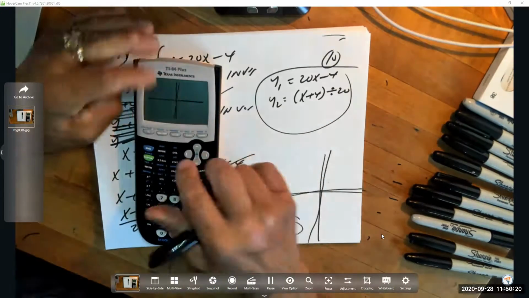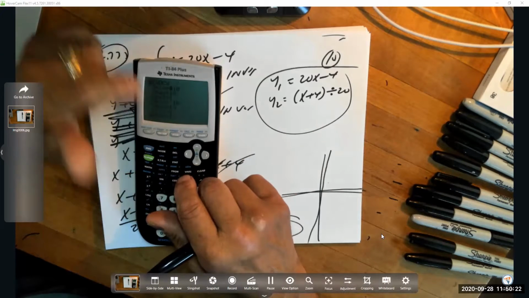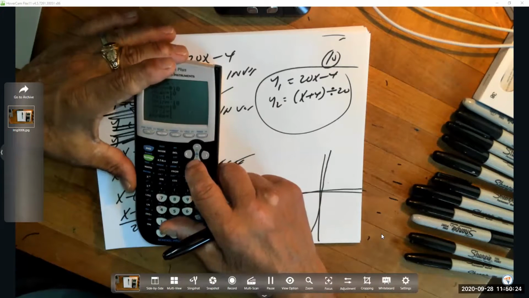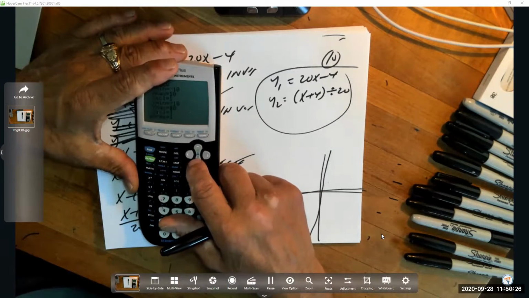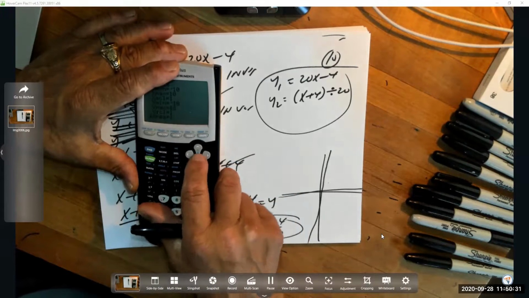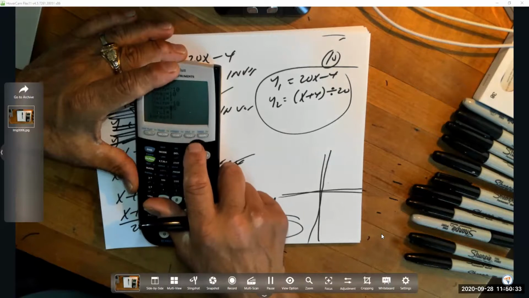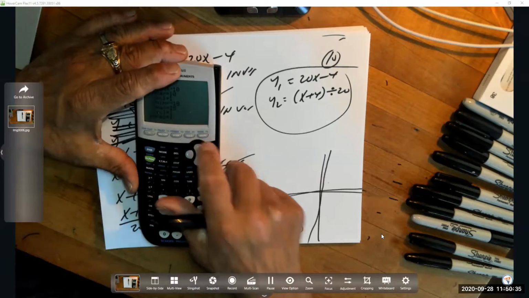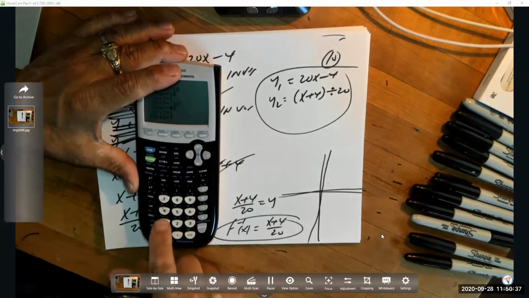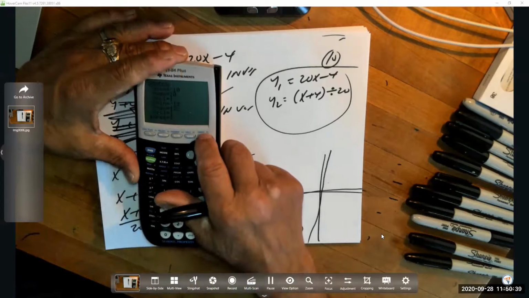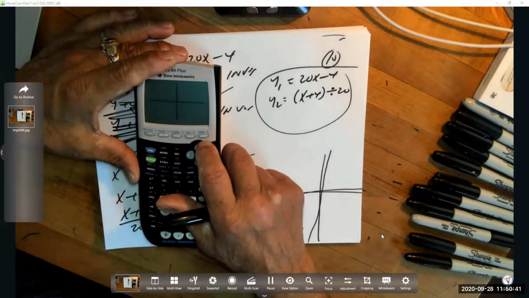You know what, let me change the windows on mine. Maybe that'll help. Let me try a 12 and 12 and see what it looks like. Does it help any? It makes it worse.